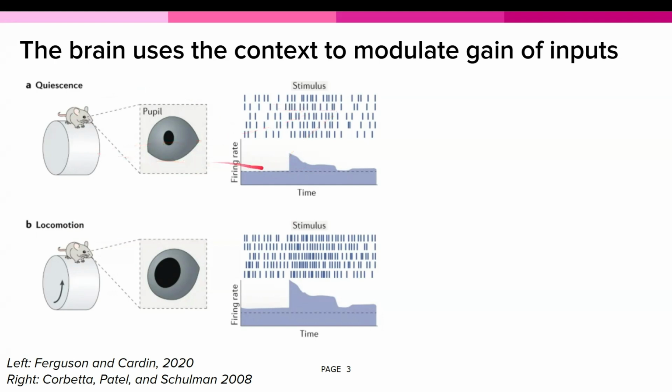At the top, this represents the firing pattern, specifically the spike raster, when the animal is at rest. There are low firing rates during some period of time, and then a stimulus is presented onto the visual field.